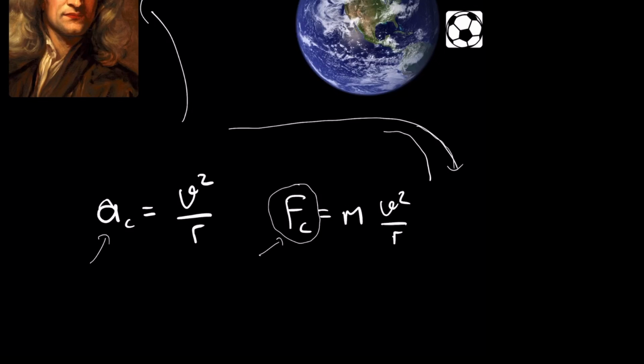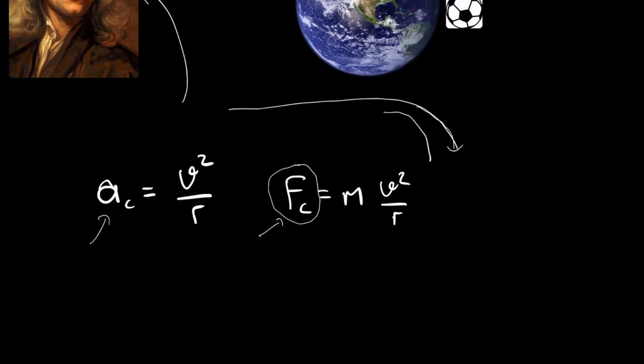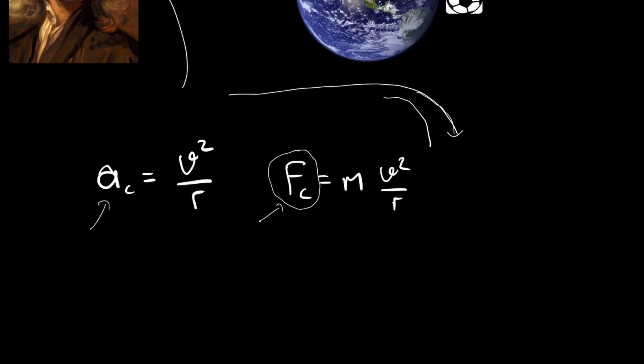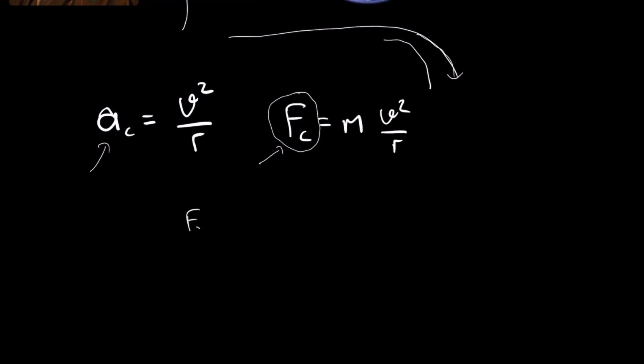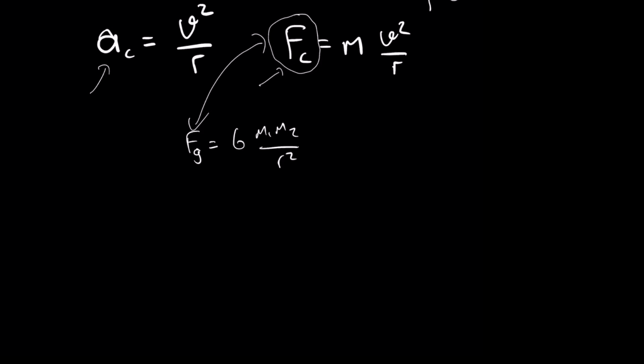So we have the force, but in order for an object to escape the gravity of the planet, for example of Earth, this force has to be at least equal to the gravitational force. So we know what the gravitational force is equal to: F equals G m1 m2 over r squared. So we know that these are equal in order for the object to escape. So let's make them equal.